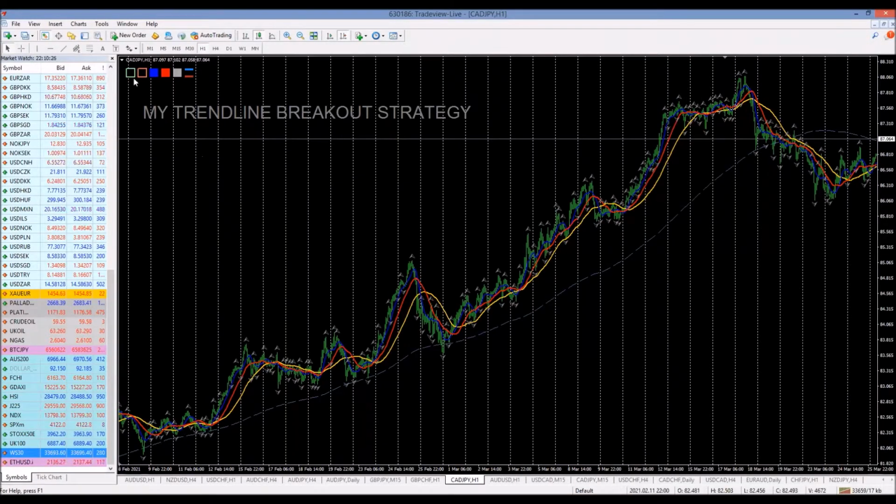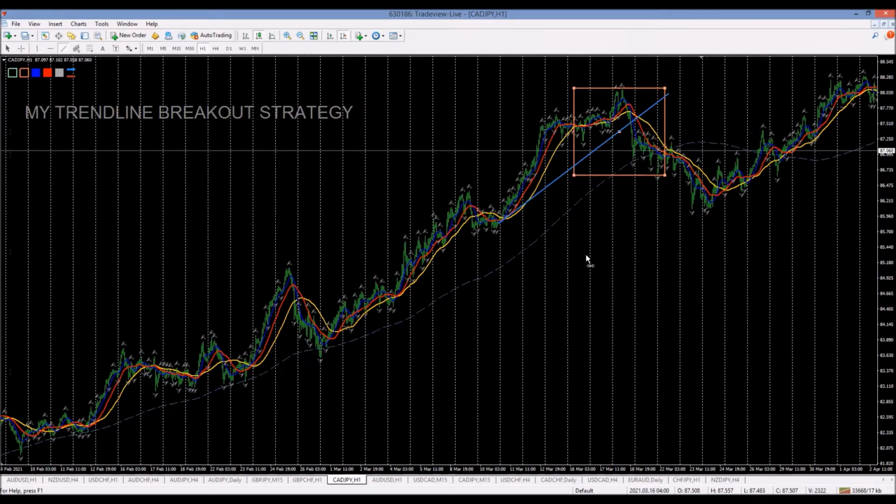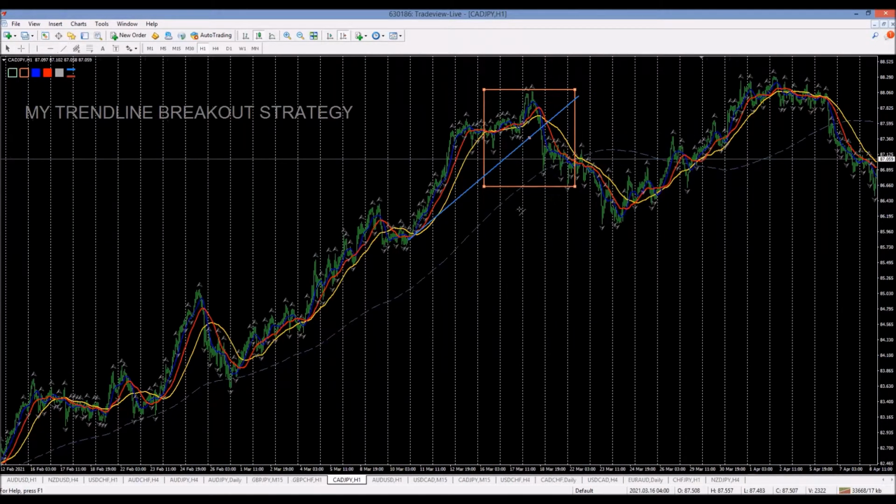Hope everyone is well. Previously, having discussed this trade here, this was a beautiful trend line break. We took this trade down here, and when we did that video, as a bonus, I set you guys up for this trade here.